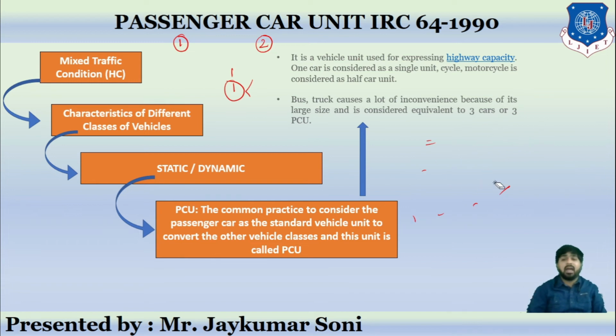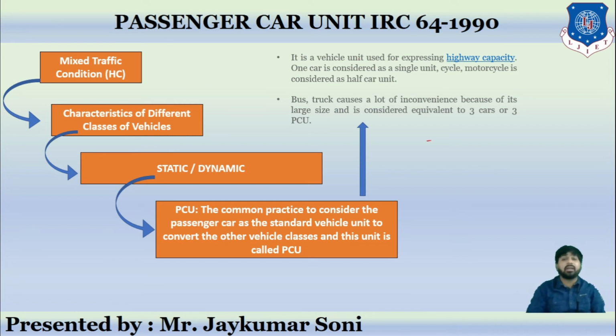Try to read this content peacefully and you will understand that mixed traffic condition leads to different characteristics and classes of vehicles, such as static and dynamic characteristics. The PCU definition is that the common practice is to consider the passenger car as the standard vehicle unit to convert other vehicle classes, and the unit is called PCU.